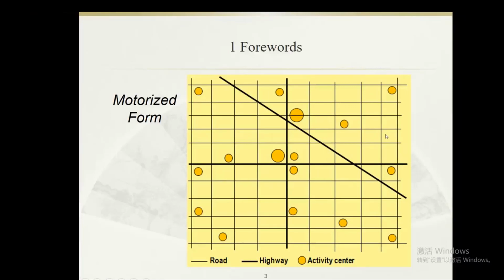For example, maybe here a big commercial center, maybe here a big factory, maybe here an entertainment infrastructure, maybe here a street full of restaurants. Because the land uses are scattered everywhere, the activities are scattered everywhere.